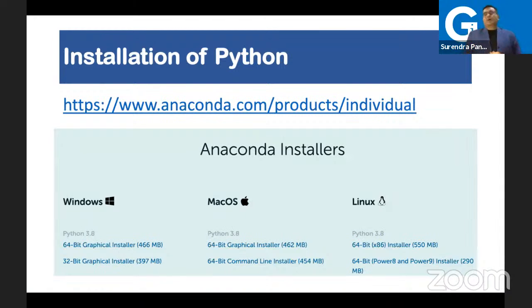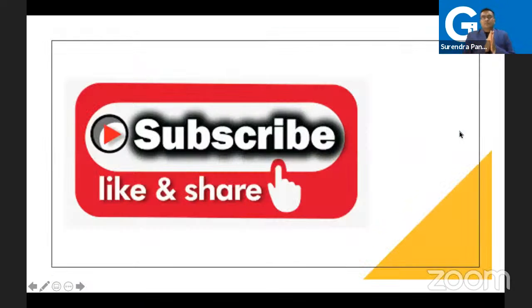Why Anaconda? Because it is not just giving you Python. It is also giving you almost 800 Python packages for data science, machine learning, and many more. So this is one of the sources from where you can download Python.